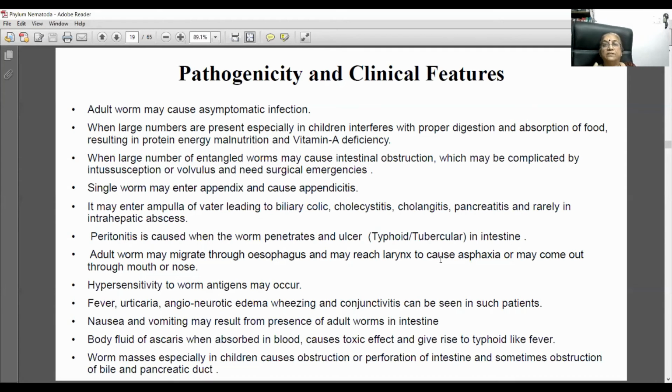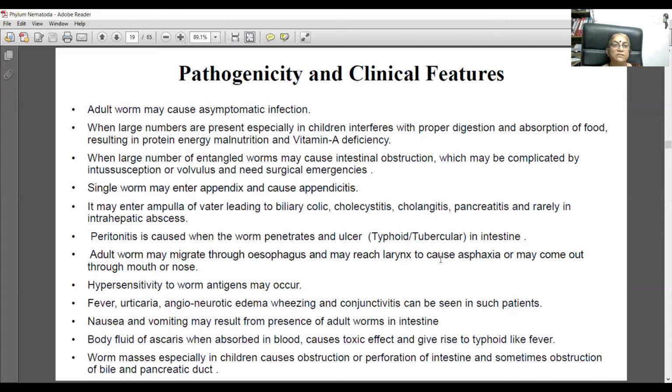So intestinal obstruction occurs, and this is going to complicate matters. Now these worms attach to the intestine, and when so many worms are moving, they cause faster peristaltic movement in the intestine, which leads to intussusception.